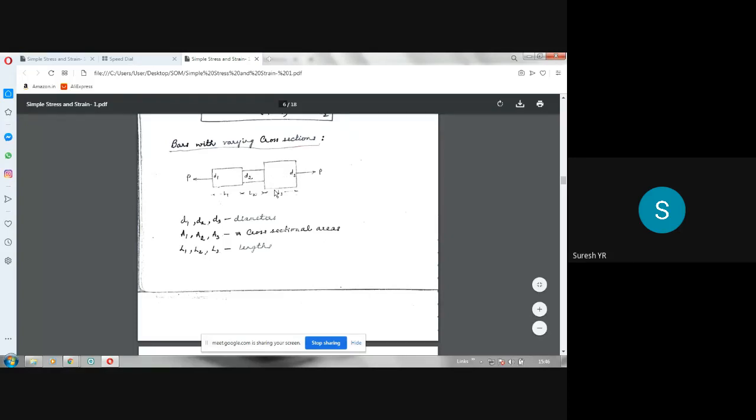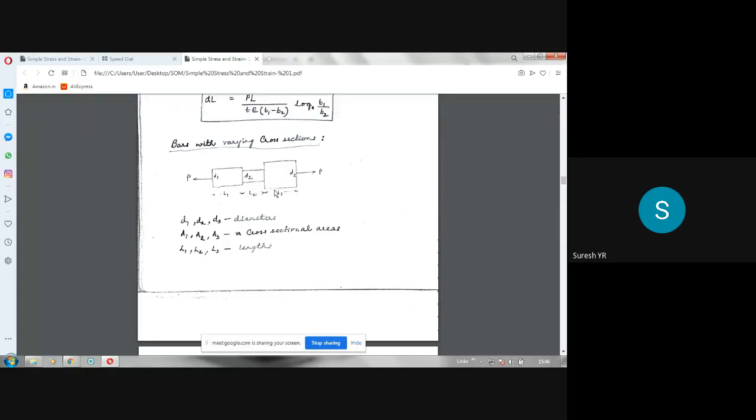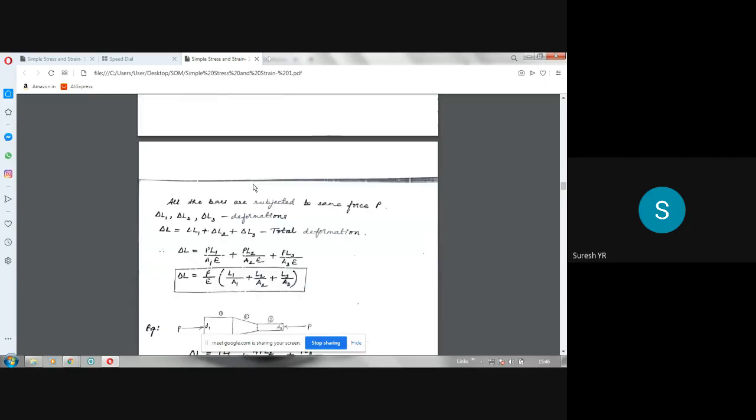E means Young's modulus, that is, the modulus of elasticity of the material. So it is the same material. The entire bar is made of steel or aluminium, anything, but the diameters are different. Length and diameter vary, so the E value remains the same.